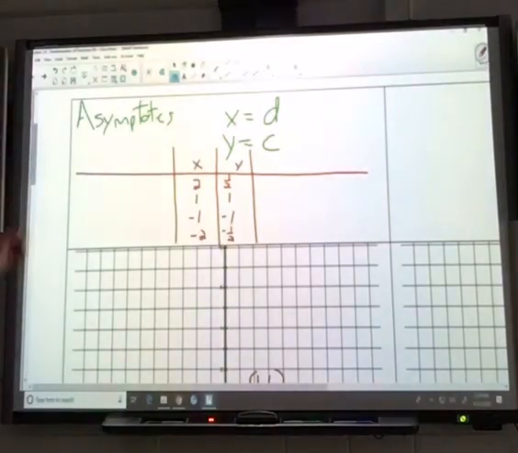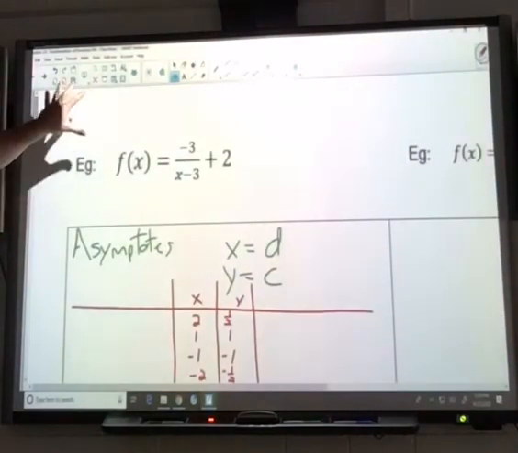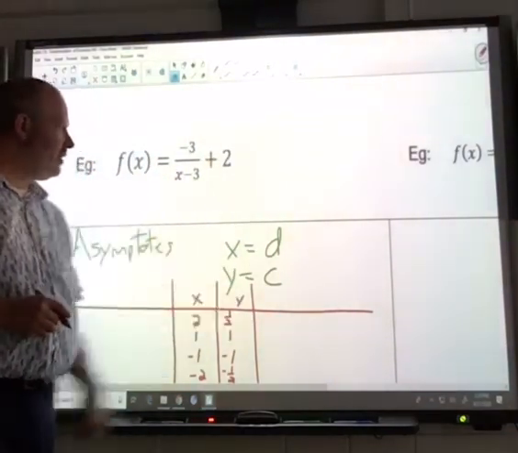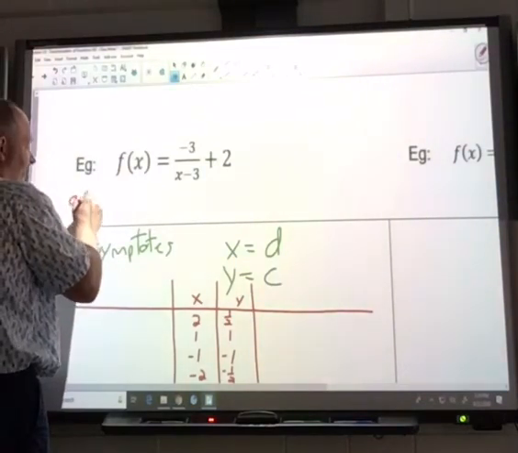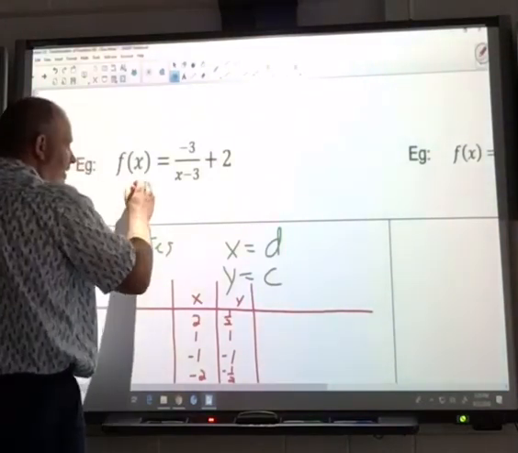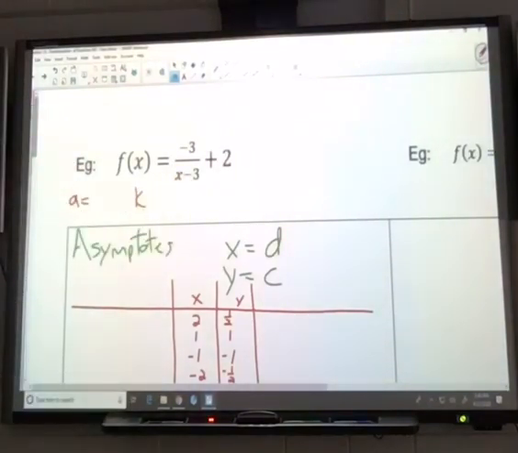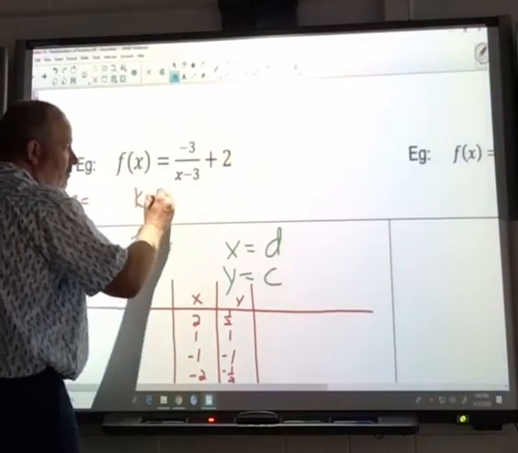Okay. So let's go back up and I'll write the mapping rule up here, and I'll write the A and the K and the H, and the D and the C here. So first of all, for the A value, that's actually the toughest to see here, so let's leave that to the end. The K value is always right beside the X. There's no one right beside the X, is there? So my K value is, well, there's a 1.